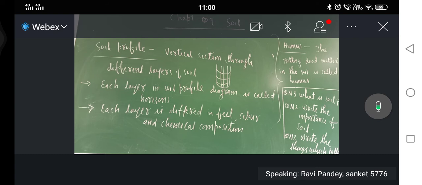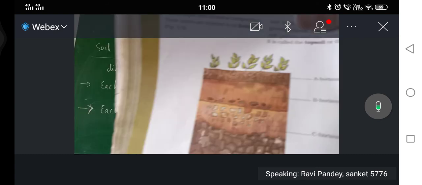Just see. Not three types, basically four types. I am showing the diagram and will make it also. This is page number 98. I will make that diagram, don't worry. So just see horizon A, horizon B, horizon C, and bedrock.